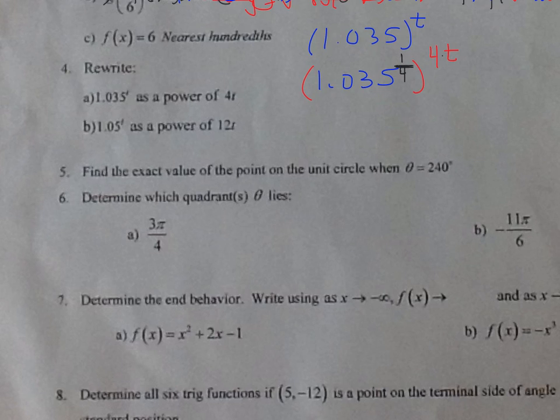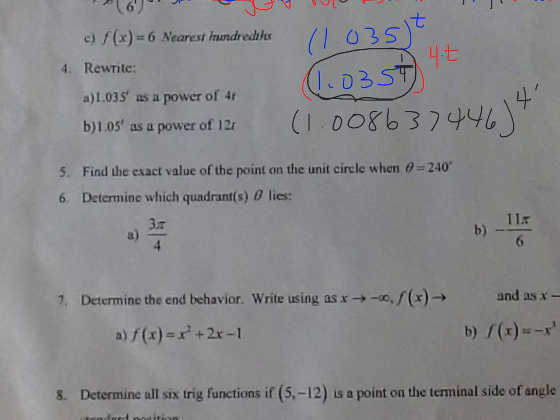Right, because 1/4 when I multiply these powers, 1/4 times 4 is actually 1. So this is still just t. 1/4 times 4, t is t. So now what you would want to do is take 1.035, this here, and plug that into the calculator because you want to simplify that. So when I plug that in, I get 1.008637446 raised to the 4t power.